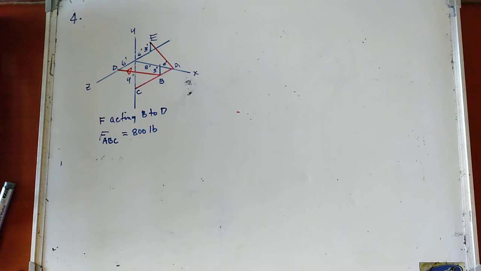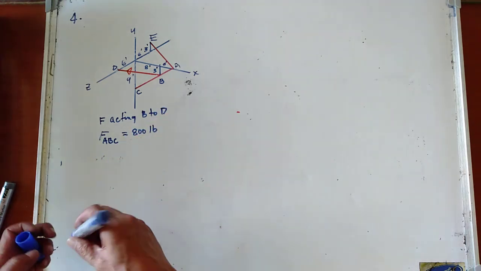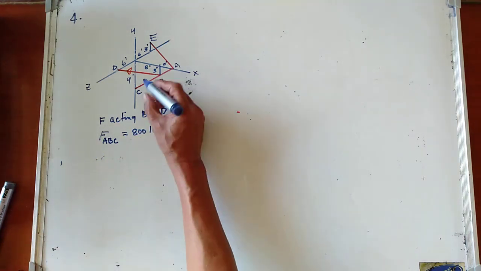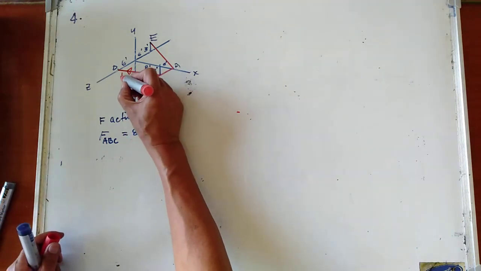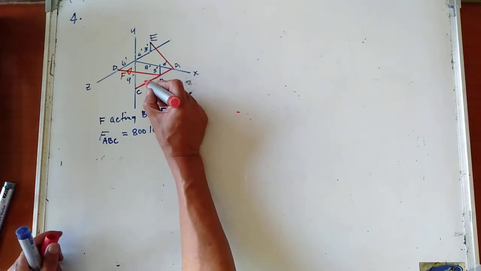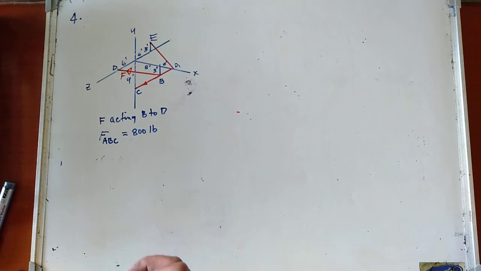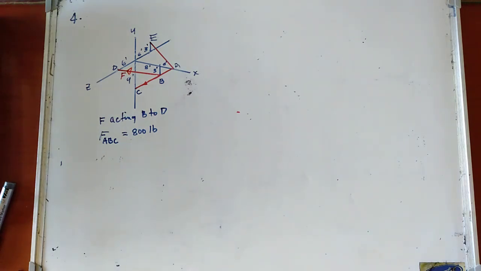So first, let us try to determine, since we are required to determine the component of vector F, so this is your vector F in this direction. What is therefore the component of that vector F in the direction of ABC?